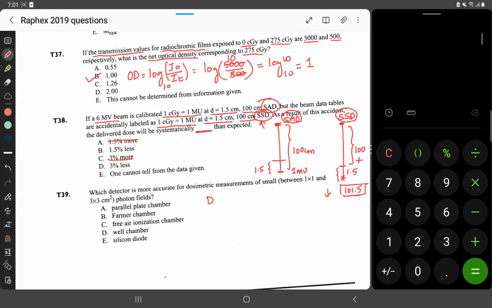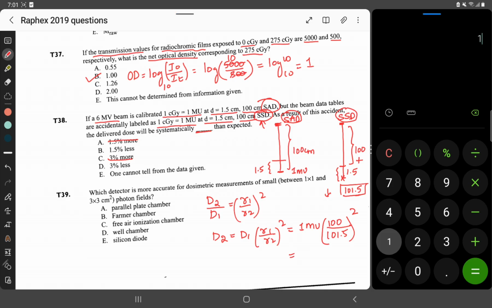So now let's put in the inverse square law, or 1 by r squared. So d2 is what we have to calculate: d2 equals d1 times r1 by r2 whole square. So d1 we know is 1 MU, r1 is 100 centimeters, and r2 is 101.5, whole square.